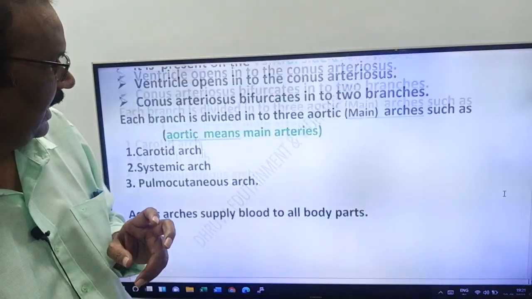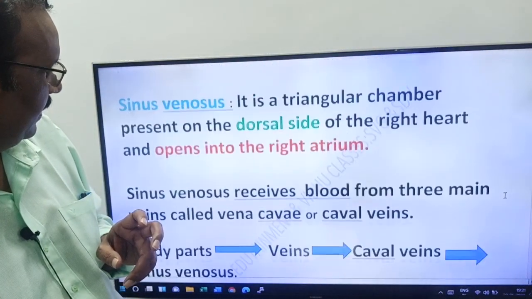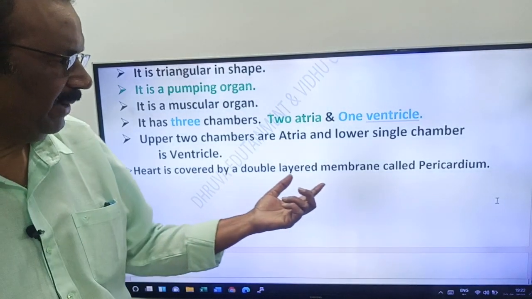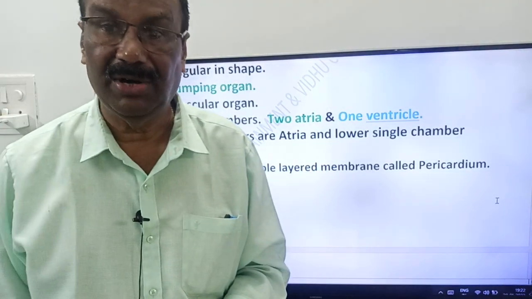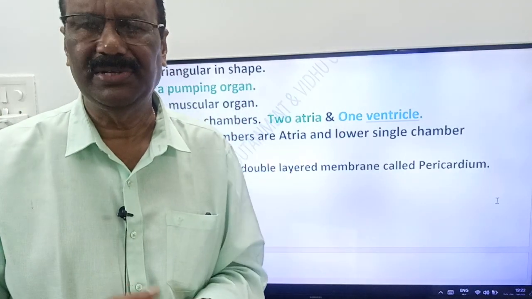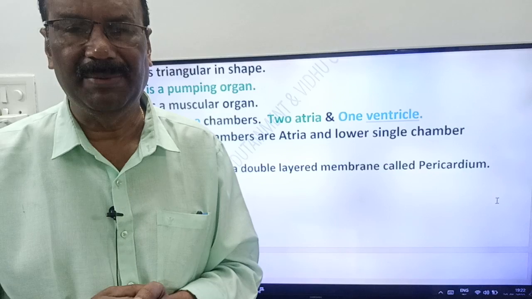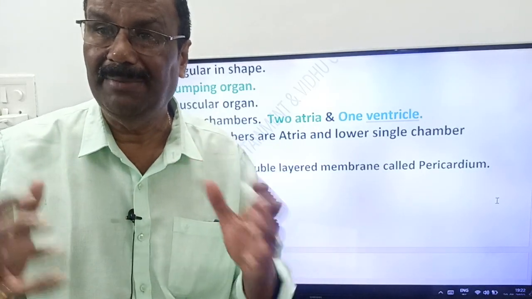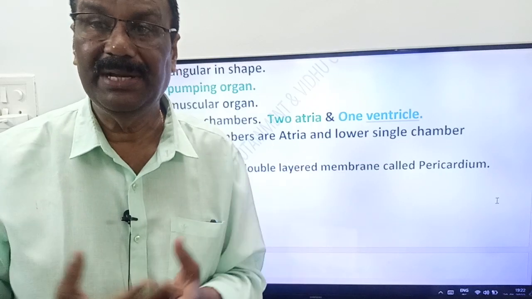Okay, friends. Next, this heart is covered by a double-layered membrane called pericardium. The heart of frog, or heart of all vertebrates, is covered by a double-layered membrane called pericardium. Friends, peri means around. Cardium means heart.